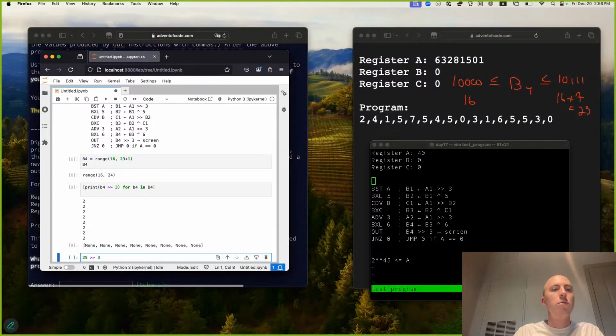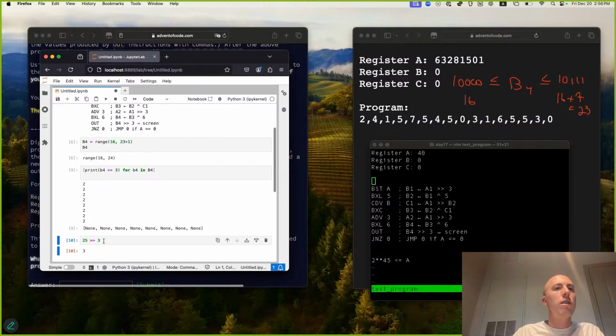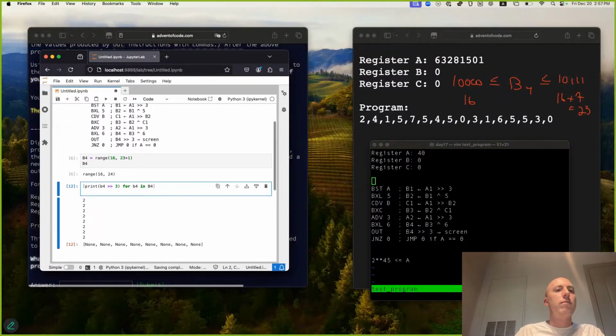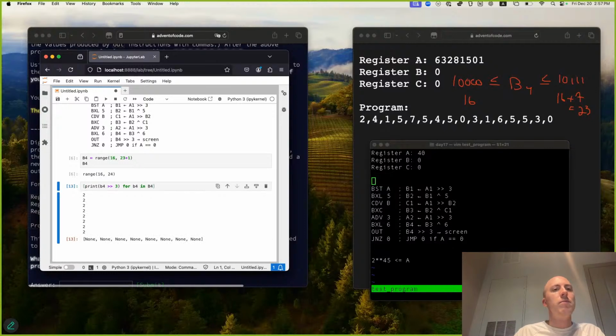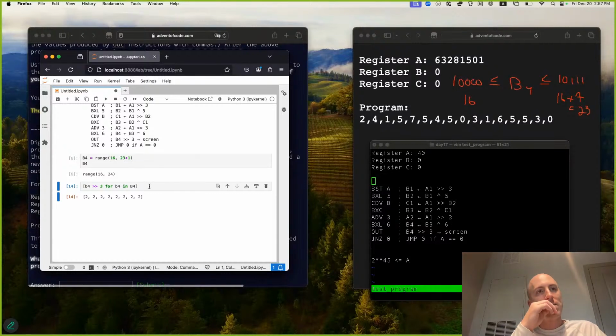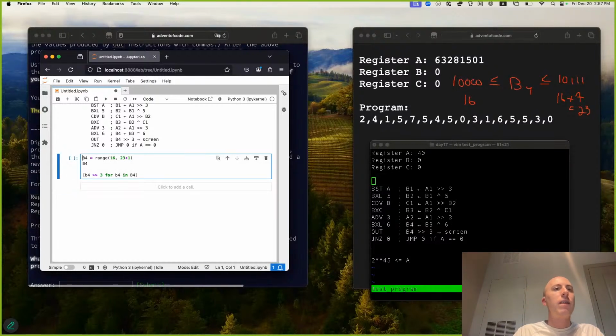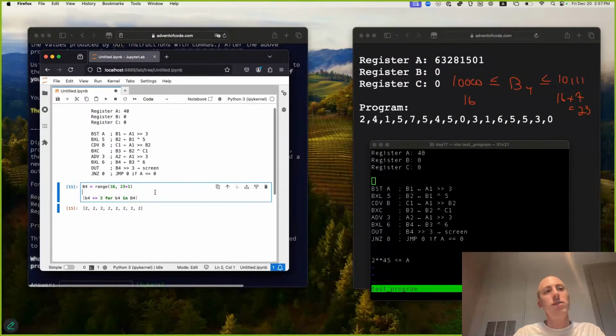We shifted over by 3. What do we get? We get a 3. And one below this, 15. We got a 1. So cool, we can verify this at every step.